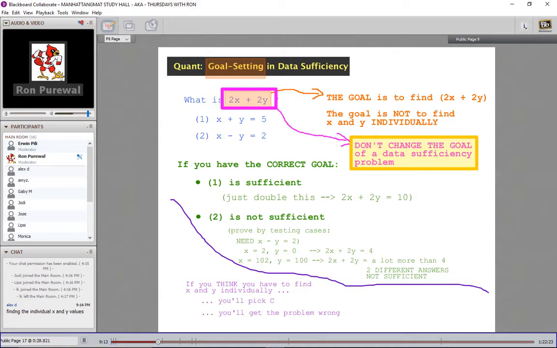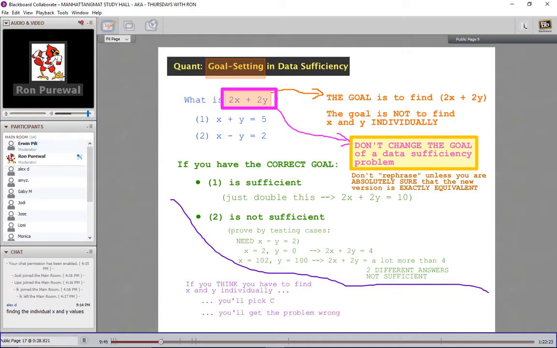Knowing what x is and knowing what 2x is are basically the same. But any rephrase that changes the goal even a little bit is going to mess up the problem, so make sure you don't do it. Don't rephrase unless you are absolutely sure that it's exactly equivalent. If there's any doubt, don't do it.